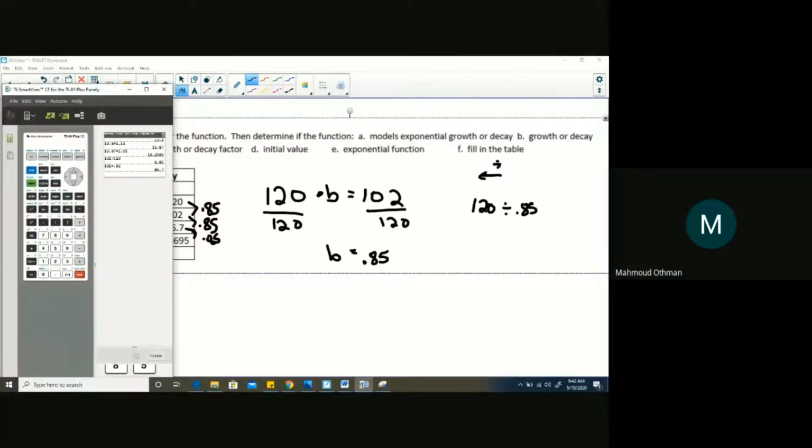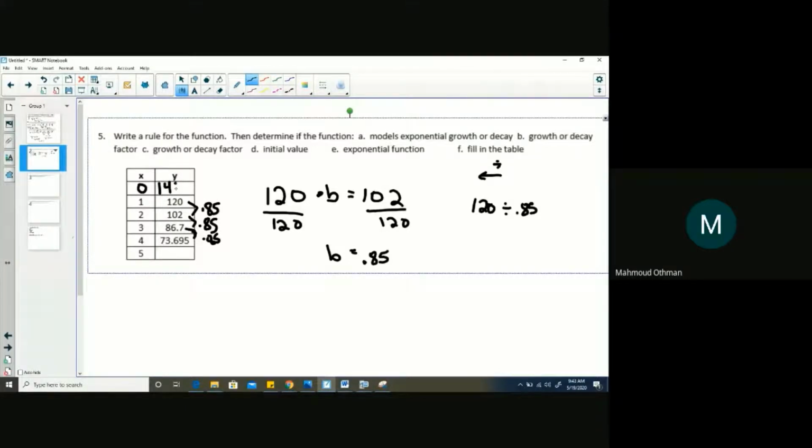If I do that, I get 141.18. Because remember, around your decimal, then I need to also multiply this guy right here by 0.85.